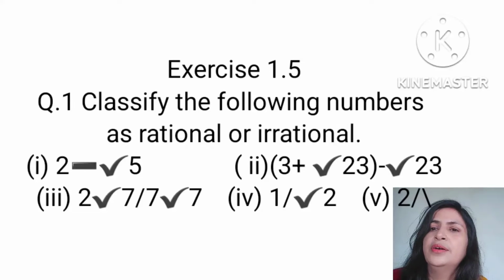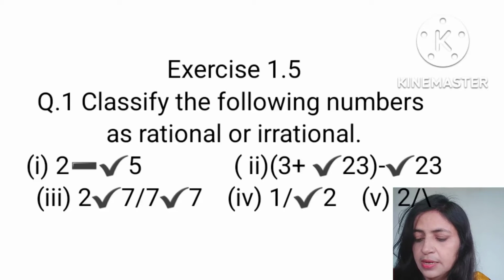and we can check: if we get a non-terminating decimal expansion, then we can say that it is an irrational number, and here 2 minus root 5 is irrational. Now second, 3 plus square root of 23 minus square root of 23.